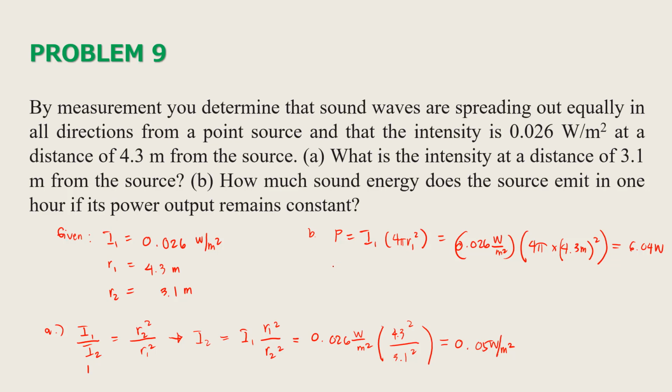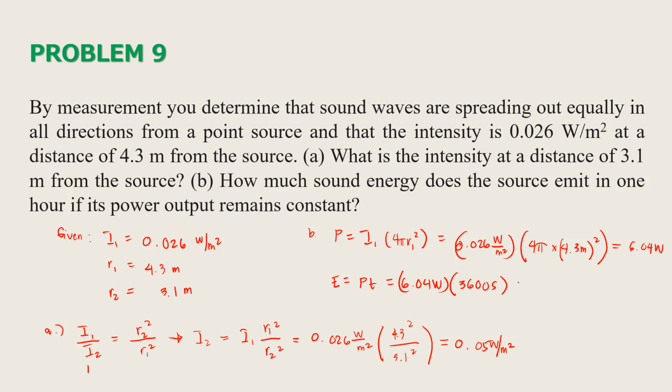Okay? And from the definition of power, power is also equal to energy per unit time. So energy is equal to power multiplied by the time. So for power, we have 6.04 watts multiplied by the time. We have 1 hour, that is equivalent to 3,600 seconds.